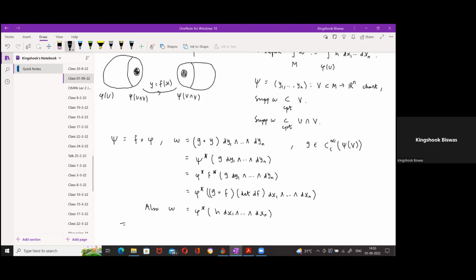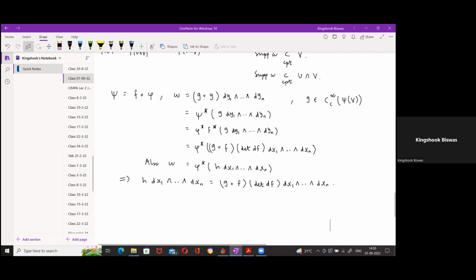We get that h dx1 wedge dxn is equal to G composed with F, det df, dx1 wedge dxn, right?